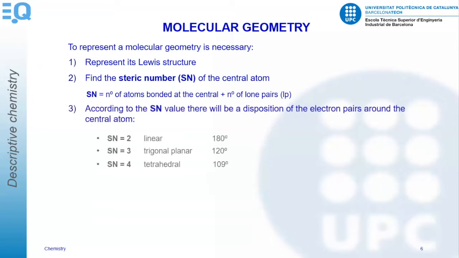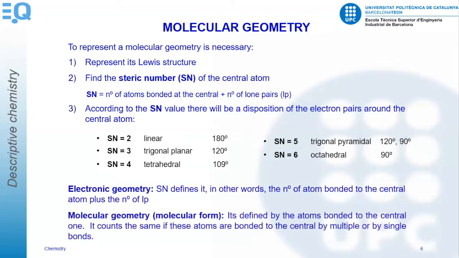Then, depending on the steric number value, we will know the disposition of the electron pairs around the central atom. We must differentiate between the electronic geometry, the one defined only by the steric number value, and the molecular geometry, which depends on the atoms bonded to the central one.